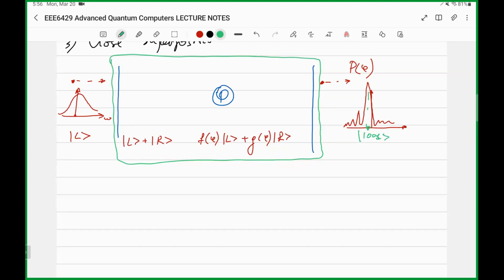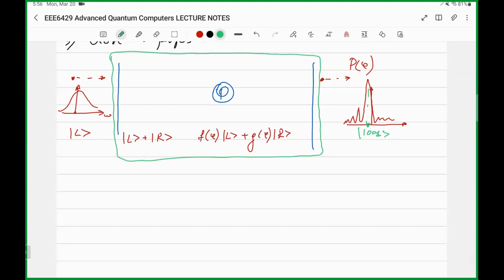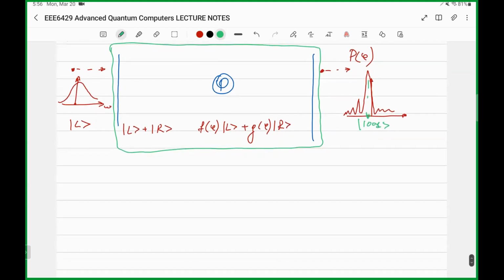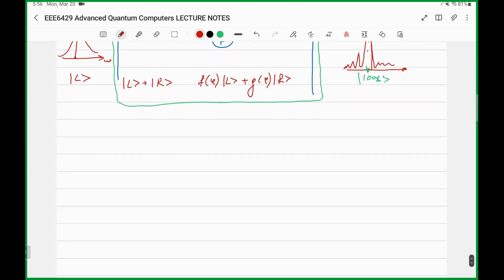If you tailor your algorithm in this way, this output spike will give you the answer to some particular problem you try to solve, right? So now we can go ahead to this golden single qubit circuit.